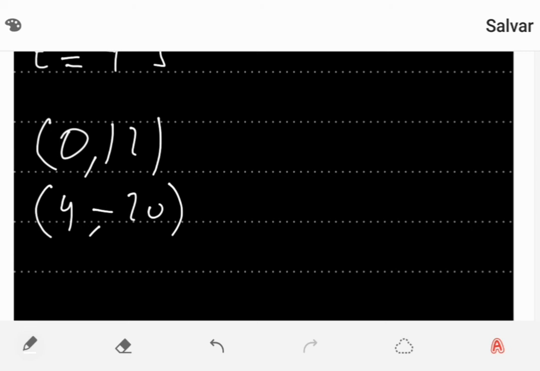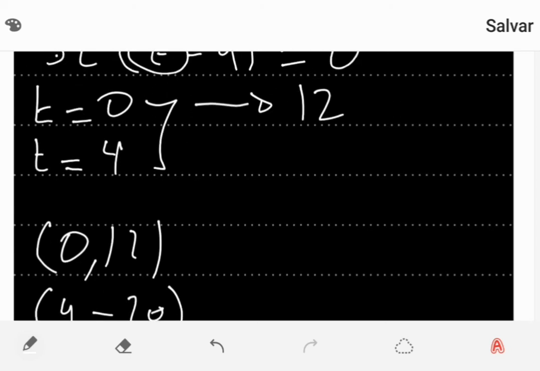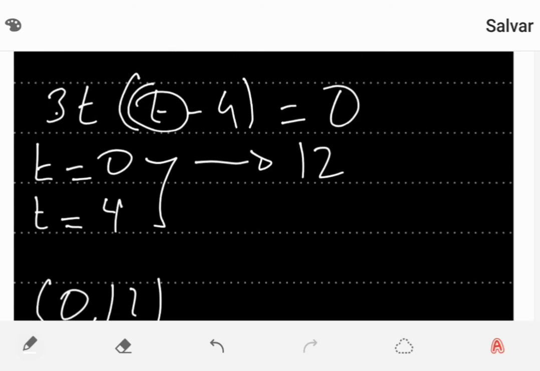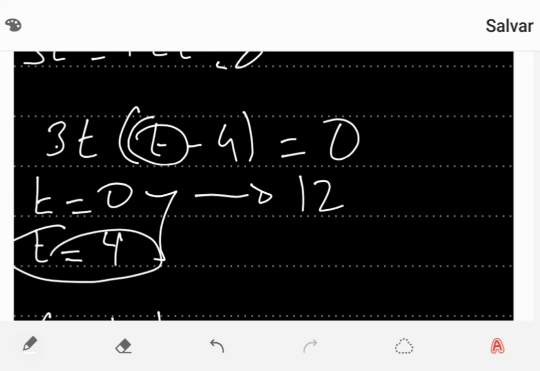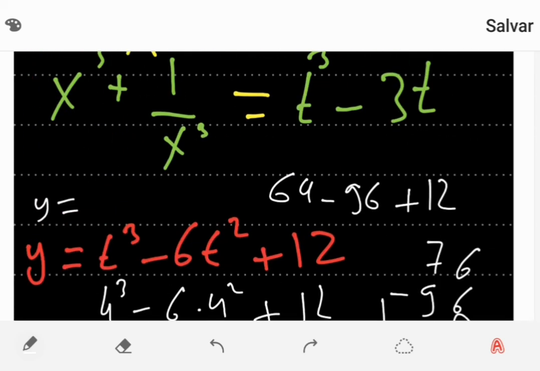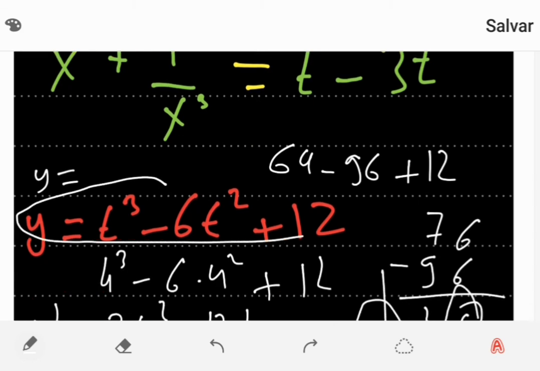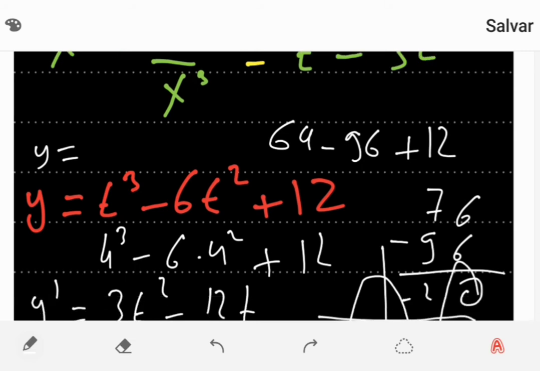People usually get lost in the video when someone starts doing a lot of numbers, but I didn't do anything magical, okay? There is a critical value when it is 4, so I just took the 4 and substituted it in this equation. So do it on paper alone and you will find this answer, which is minus 20.